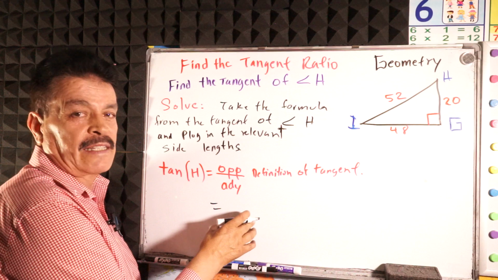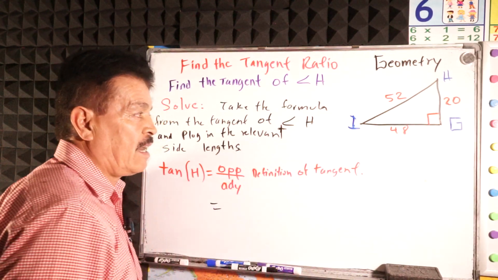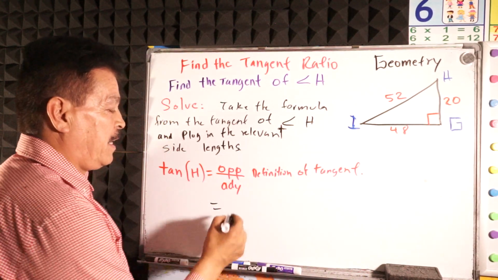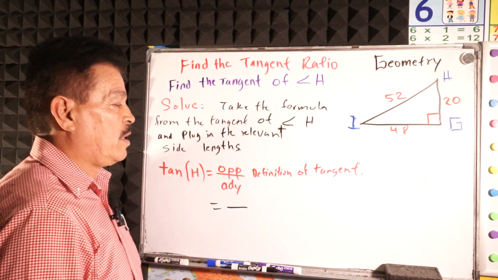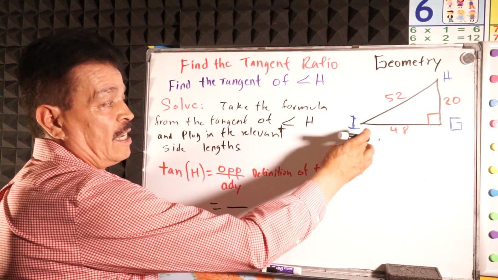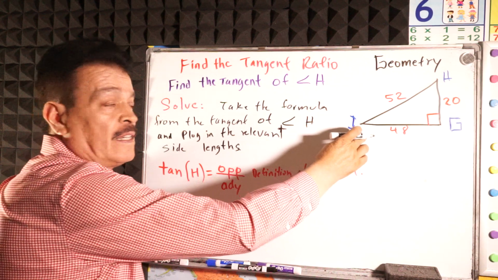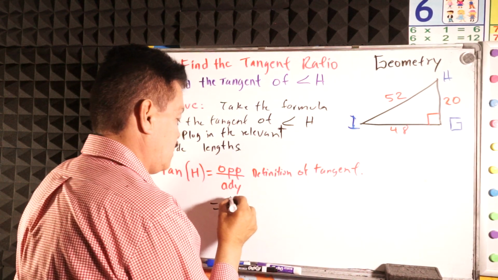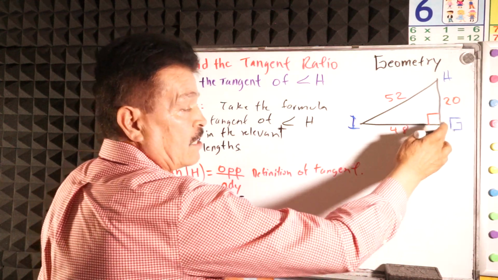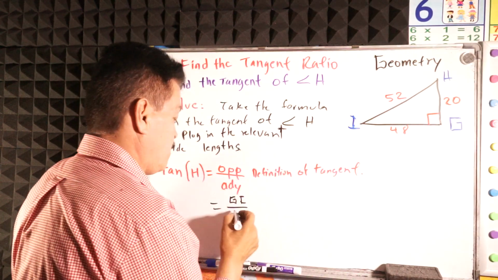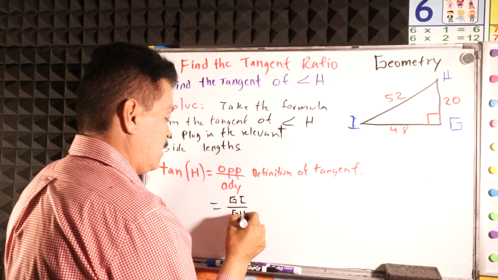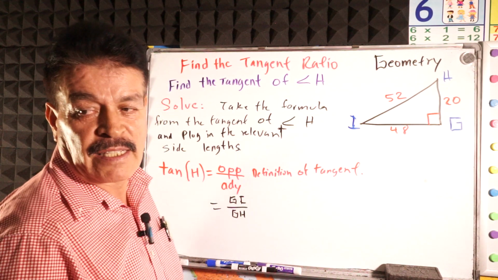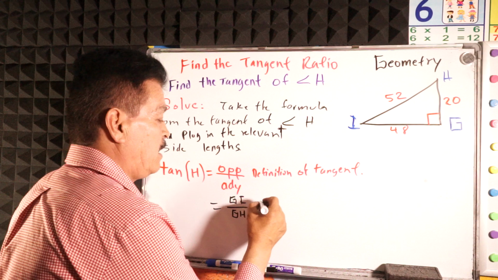Next step, substitute, or actually, just write the letters. What are the letters in our problem? Here at the top, we are talking about the opposite. What is the opposite? The opposite side is GI. And then the adjacent, I told you, is GH. Right?